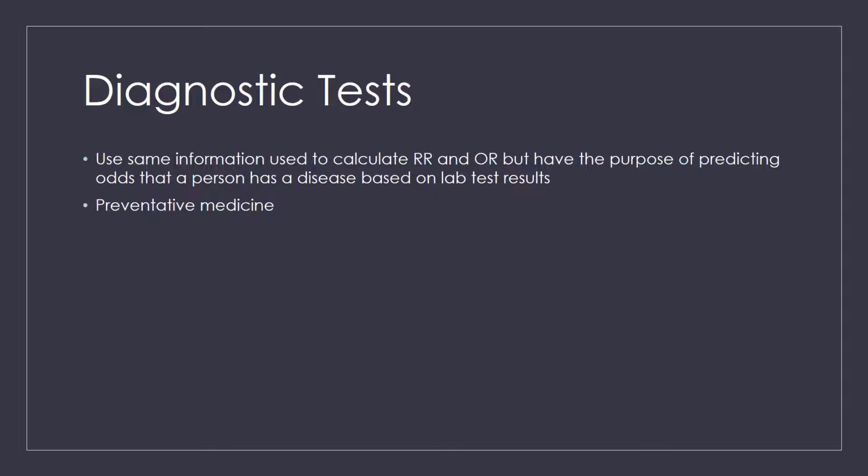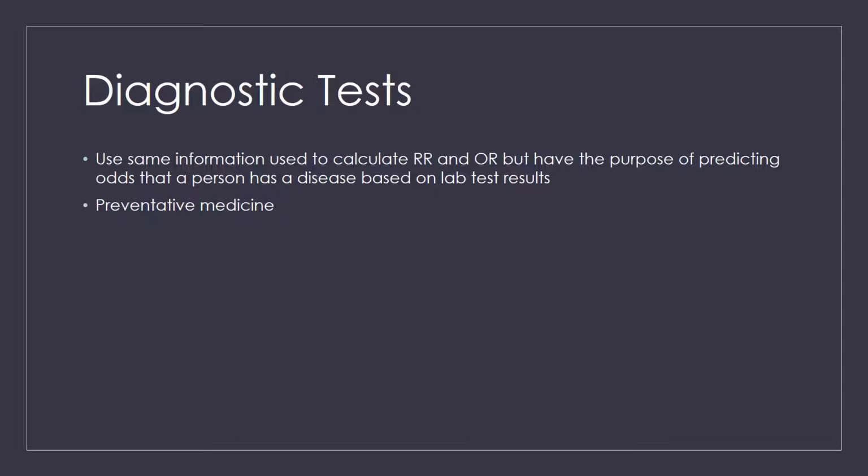Now let's switch gears a little bit and talk about diagnostic testing. Sometimes you go to a doctor and you have some kind of testing done. The example I'm going to be using today is a test for strep throat, or flu, or something like that.